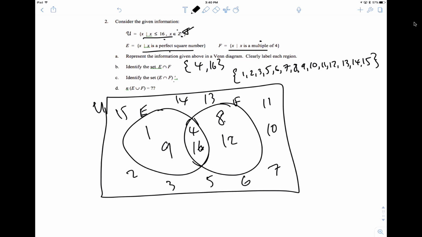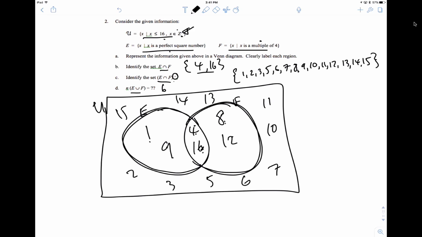Yeah, is that right? That is the intersection, and this is the complement, not the intersection. Good. So then the number of the union of E and F, 1, 2, 3, 4, 5, 6. The union is everything. In the union, you include everything in both parts.